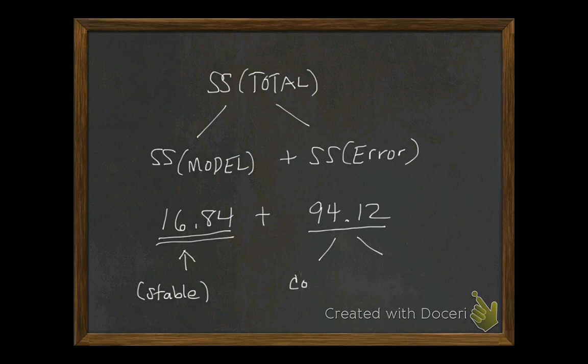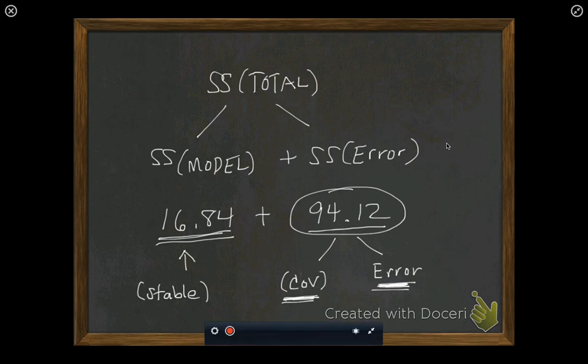Some of that is going to be taken by the covariate, so we're actually going to have more explained variation, and there's still going to be some error. But guys, by adding the covariate, we're going to expect this 94.12 to be partitioned into 2 variations, sum of squares, explained, not explained. And the 16.84, we're going to expect it to remain stable.